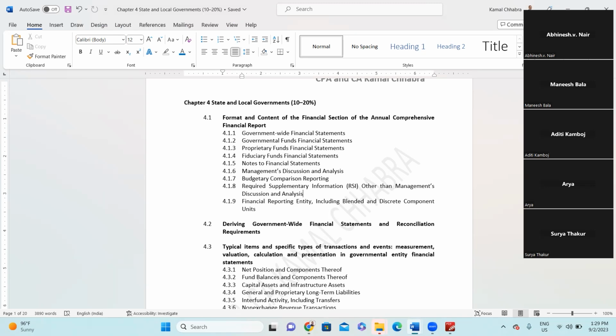For example, last year in March, I was sitting with the director of the Department of Science and Technology of Government of India. In last year's budget they got around 12,000 crore fund allocation for the development of the entrepreneurship ecosystem.